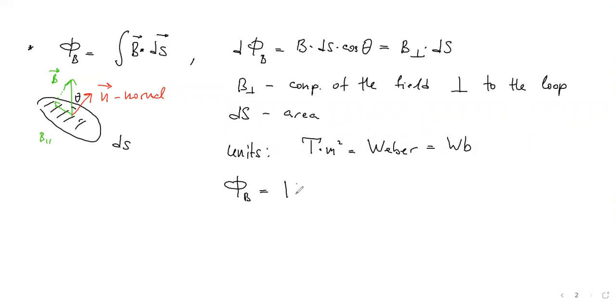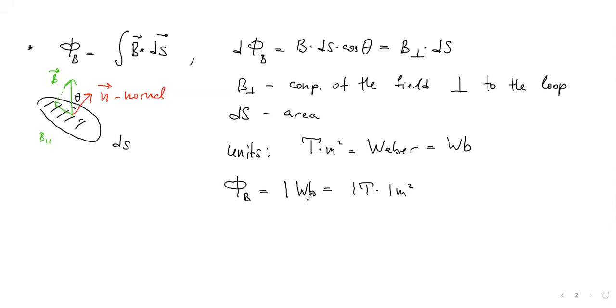If you have a flux of 1 Weber, this means you have 1 Tesla of magnetic field going through the 1 meter square area. 1 Tesla is a strong field, plus you generate this field across 1 meter square area, so it's a huge flux. Maybe it's better to talk about milli or micro Weber instead of Webers. So it would be too strong for us.